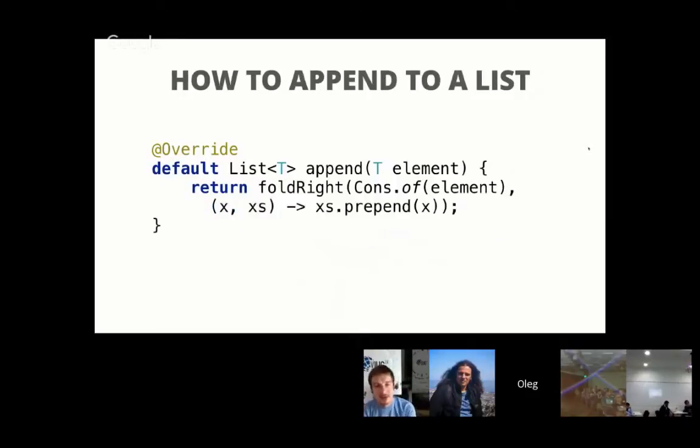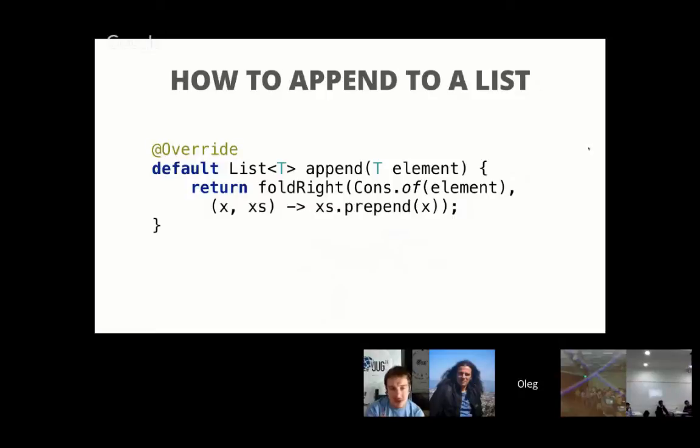Appending an element to a list. We've seen prepend, and prepend was easy and nice. And appending to a list, a functional list, is not as easy. To append an element on the right, you have to go through all the list, through all the elements, and that will take time.